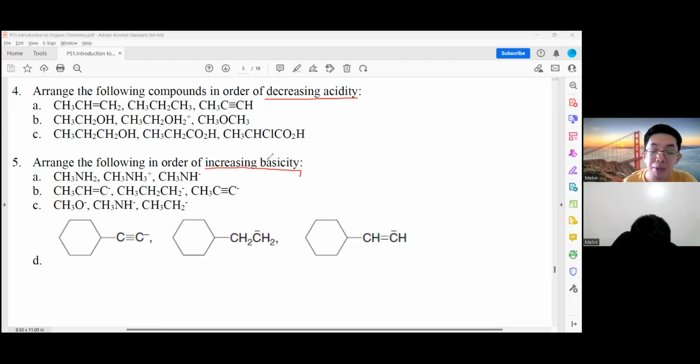So, dapat increasing basicity na naman this time. So, you have four sets of compounds there or chemical species. Just arrange them in increasing basicity. So, start first with the least basic, intermediate basic, and then the strongest or the most basic chemical species. Sige, go ahead. You can answer dun sa space given, no, for each item.